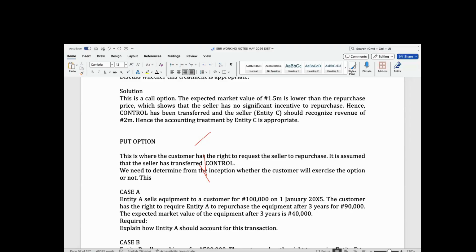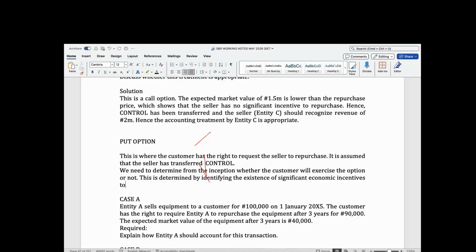And this is determined by identifying the existence of significant economic incentives to the customer.